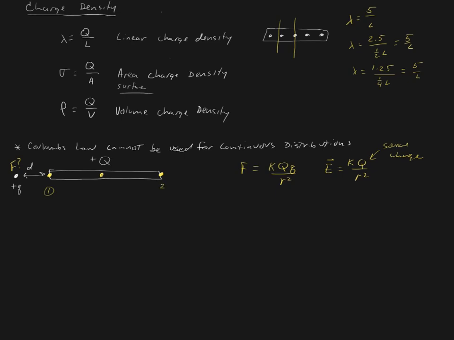If I go to location 2 on the far end, then I end up getting a force which is much too small. So somewhere between these two extremes is going to be the actual location for that point that you could assume all the charges to be. So we get our two extreme values of force. We know our answer has to be somewhere between these two values, whatever that happens to be.